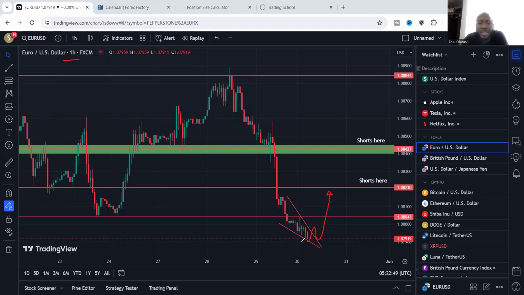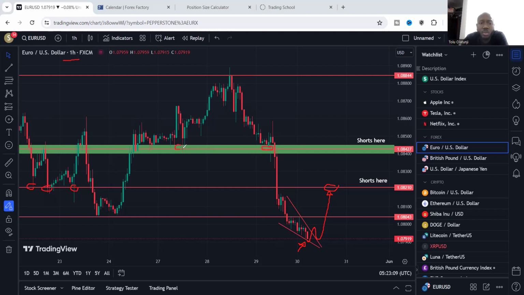The counter trend traders are looking forward to buying somewhere around here. And the trend traders, sorry, are looking forward to selling on a pullback here, which coincides with these areas that have acted as support in the past. If this doesn't hold, we have another level here.